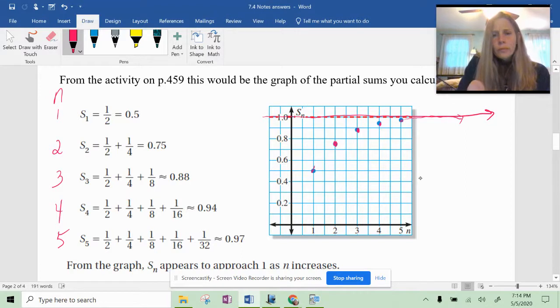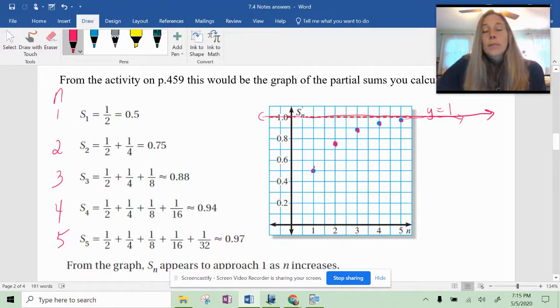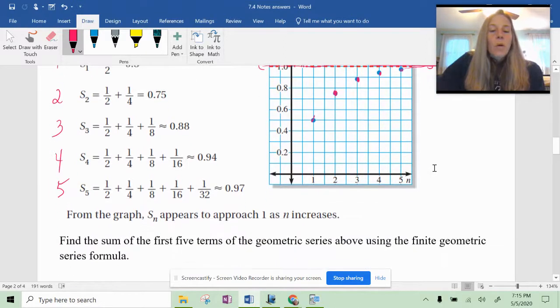It's approaching that, and this is called an asymptote. This is the line y equals 1. So from the graph, the sums appear to approach 1 as the n's increase. The higher the n value, the closer that decimal will be to 1.